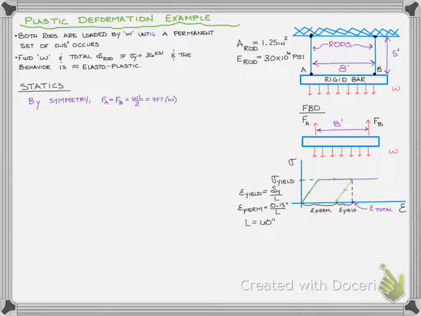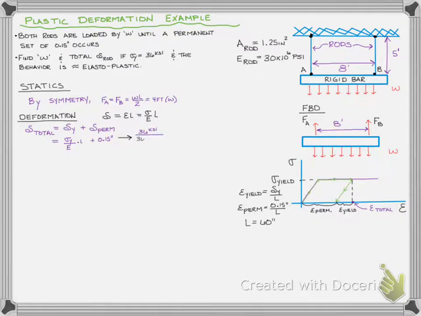So we can use this information to determine our deformation values, and we've said the total deformation should be the yield deformation plus the permanent deformation, because we can see that in terms of strain on our stress-strain diagram. Again, reminding ourselves that stress and strain are related through E, strain is stress divided by E, and deformation is strain times L. Let's not forget that.